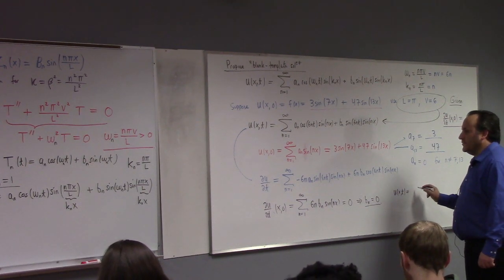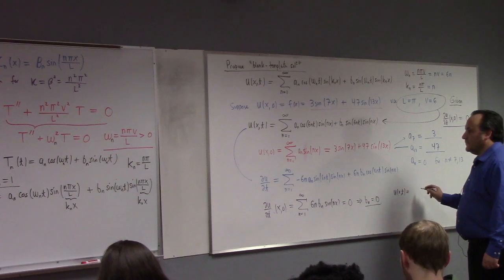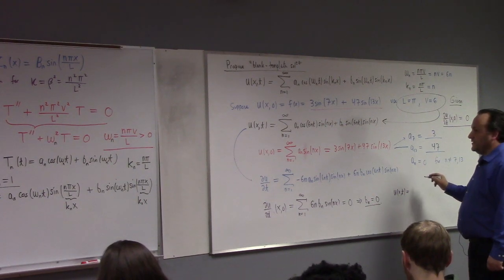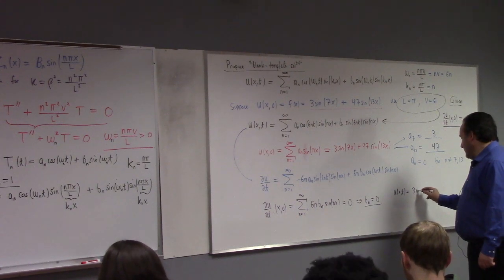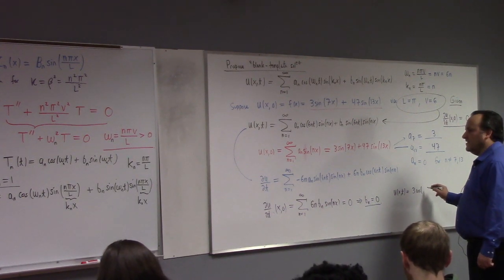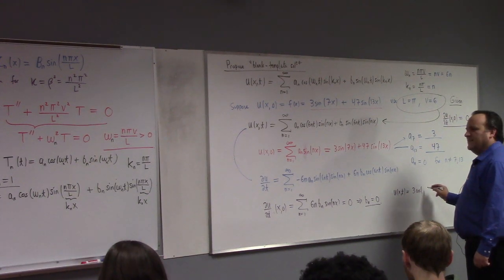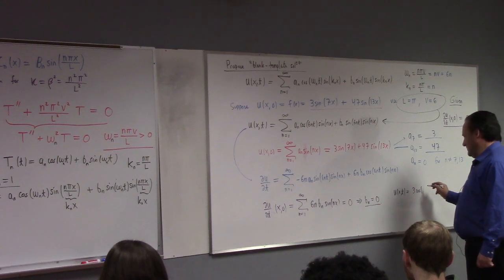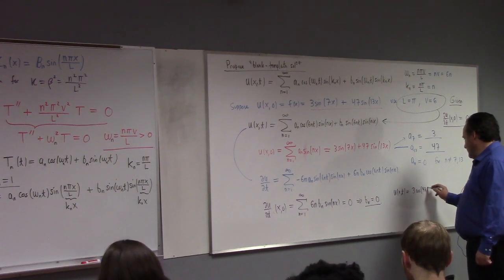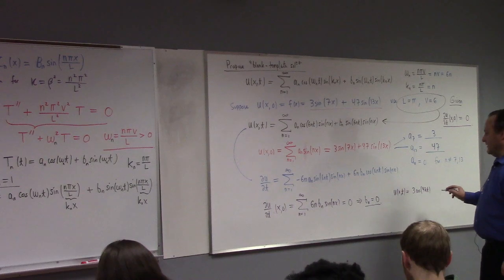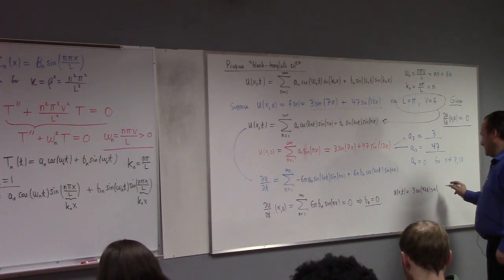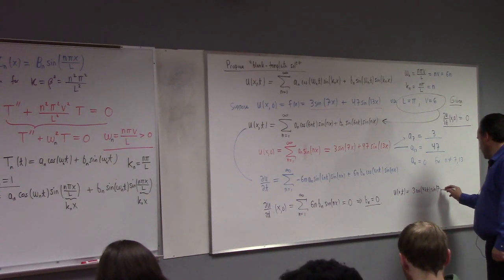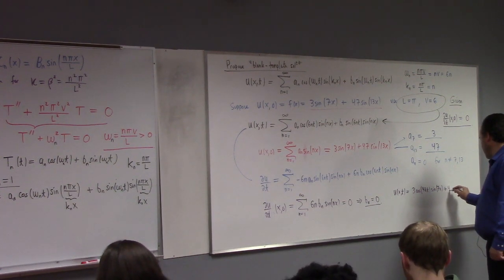Where was I? So we found a sub 7 was 3. So I've got 3 cosine of seven times 6 is what? What do you know? 42t. And then we've got a sine of 7x, plus 47.